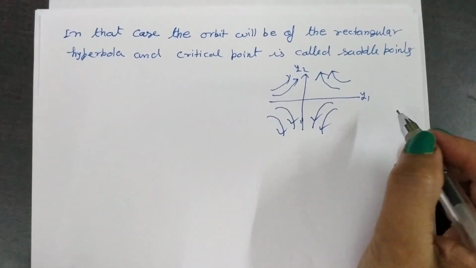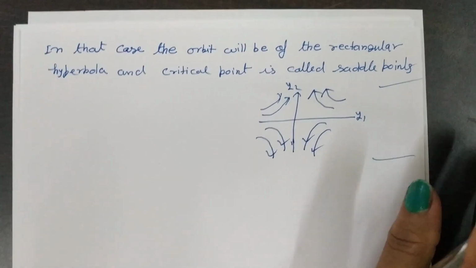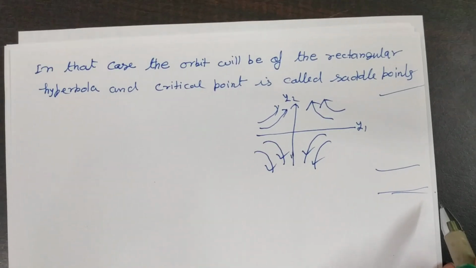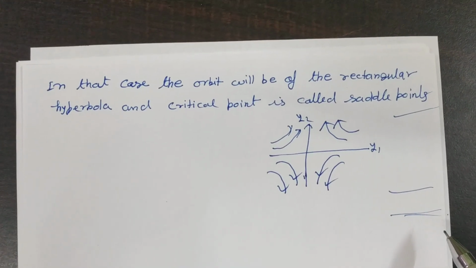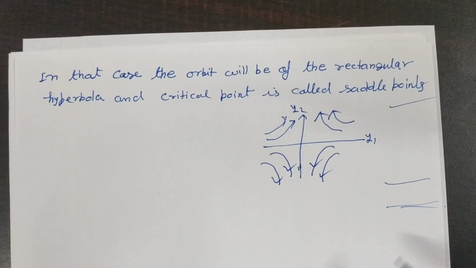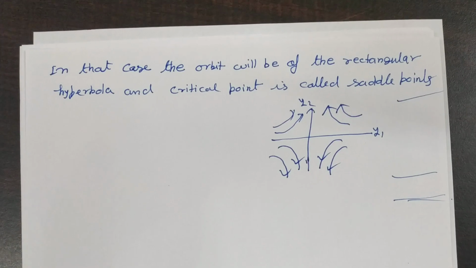So in this lecture you have seen the different types of roots. Now in the next video I will define the other cases, when the roots are complex or repeated roots. Okay, thank you.